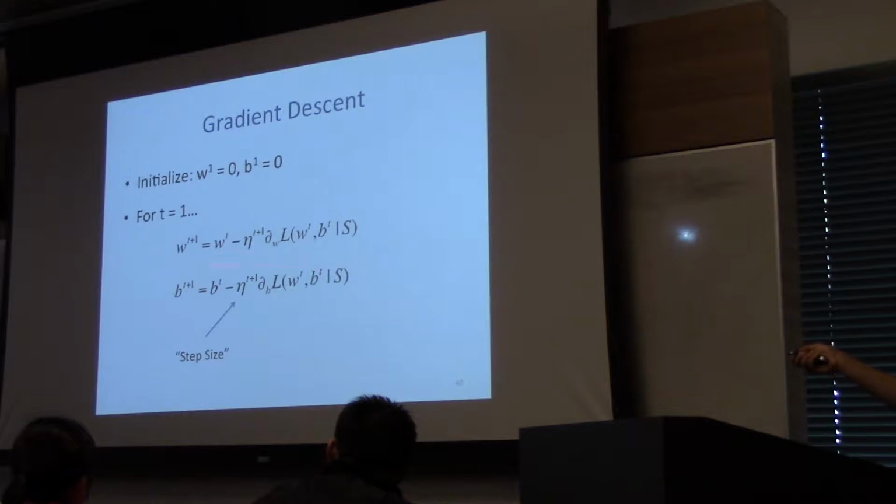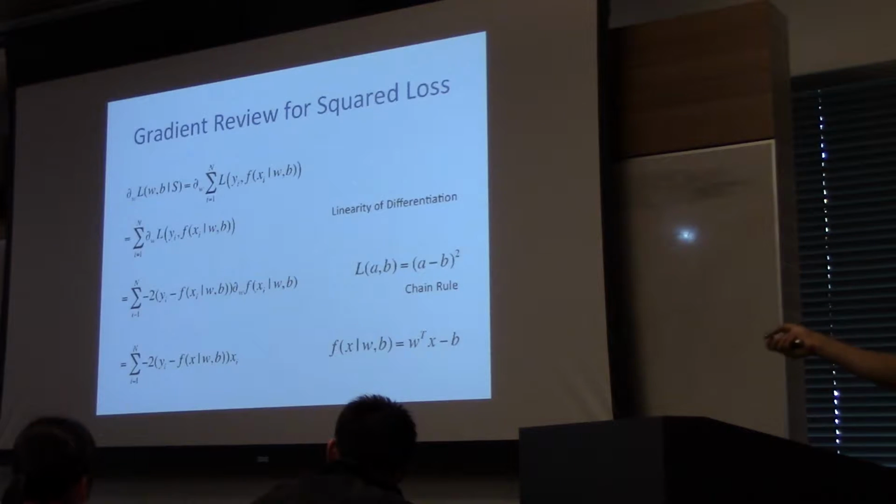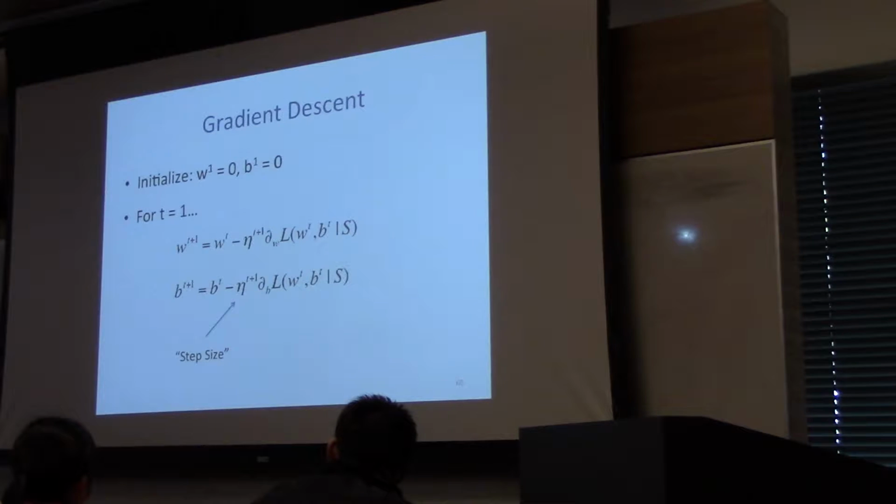We do the same for the bias term. I didn't show the derivation for the bias term, but it's analogous. This eta is called the step size. It controls how big of an update you do. If eta is large, you do a large update in the direction of the gradient. If eta is small, you do a very small update. And this is gradient descent.